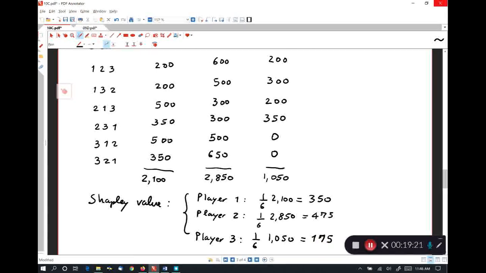So according to the Shapley value, these 3 people should get together, sign a contract, agree to put all the software together into an office suite, and then they divide the total profit of $1,000 as follows. Player 1 gets $350, player 2 gets $475, and player 3 gets $175.